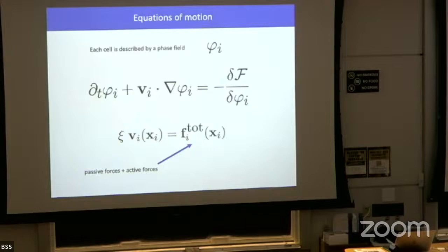They relax to the minimum of a free energy. And then you have also forces acting on these systems, passive forces, which are essentially from the free energy, and then active forces, which you bung in how you want to. And the dynamics is overdamped so that the force is proportional to the velocity. After one step, there's no inertia in the velocity. Force is proportional to velocity. This is a friction.